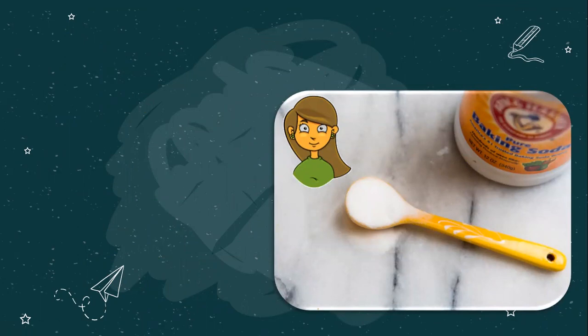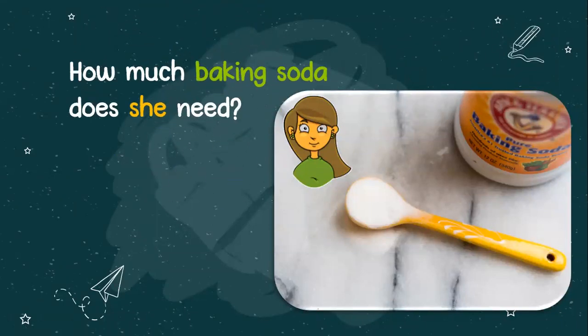Of course not, because in the picture we see another thing to make clear. What is that? Baking soda. So let's see. The question says, how much baking soda does he need?